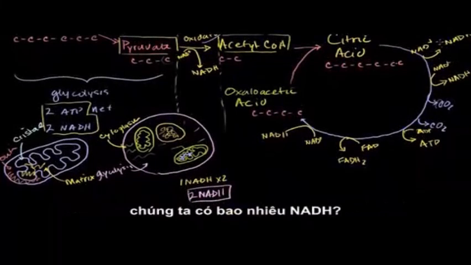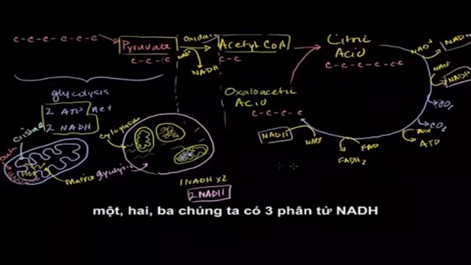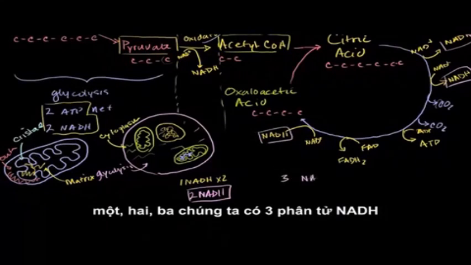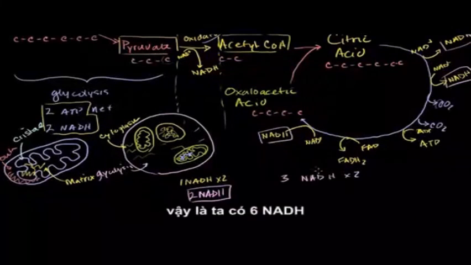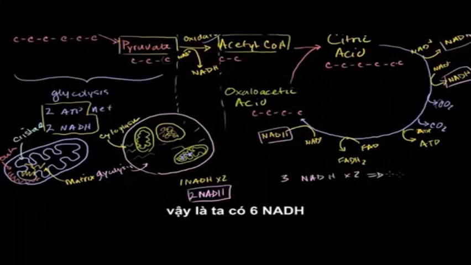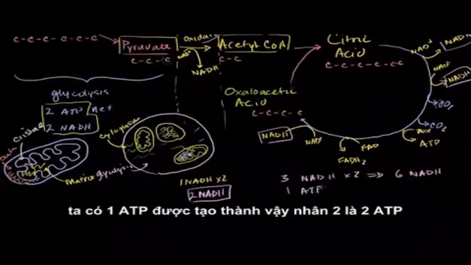We have how many NADHs? 1, 2, 3 NADHs. So 3 NADHs times 2, because we're going to perform this cycle for each of the pyruvates produced from glycolysis. So that gives us 6 NADHs. We have 1 ATP per turn of the cycle.